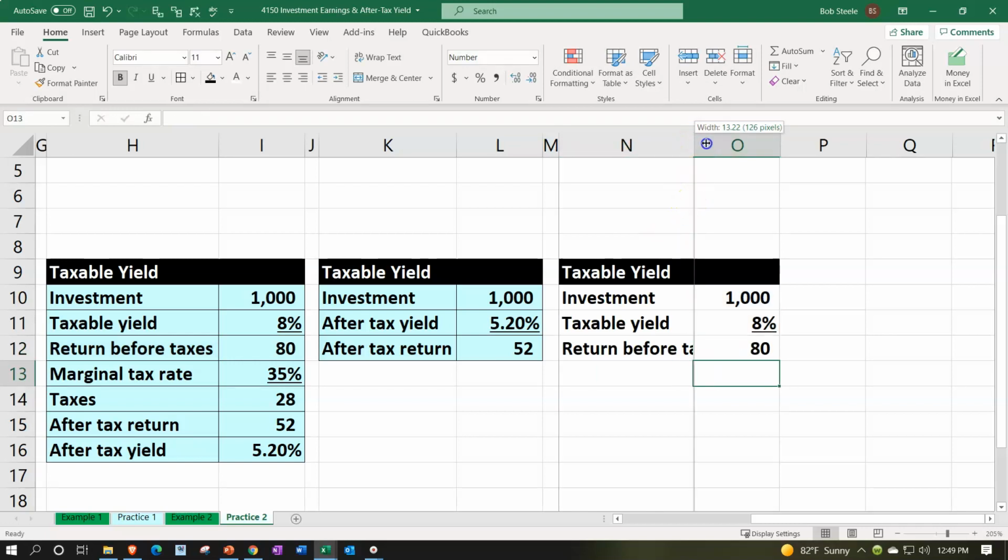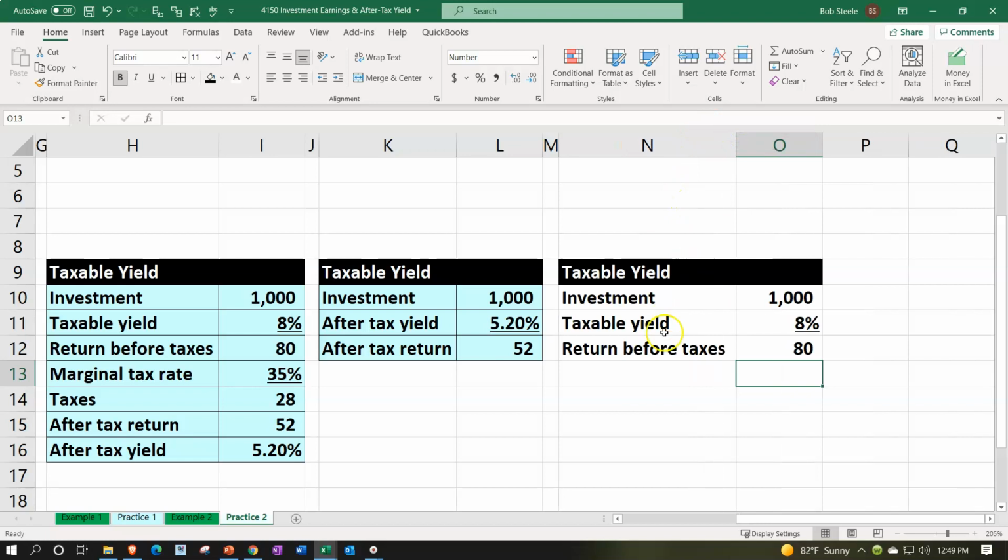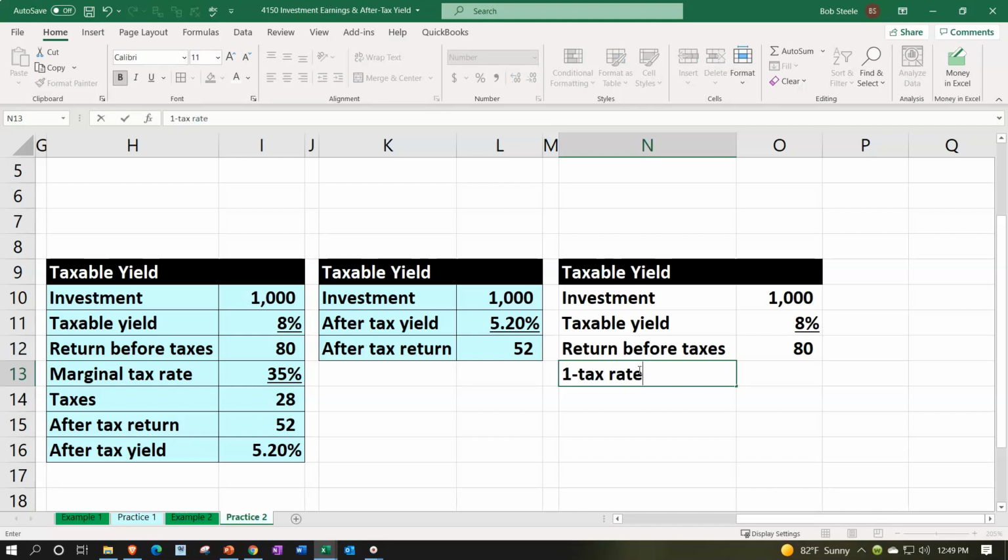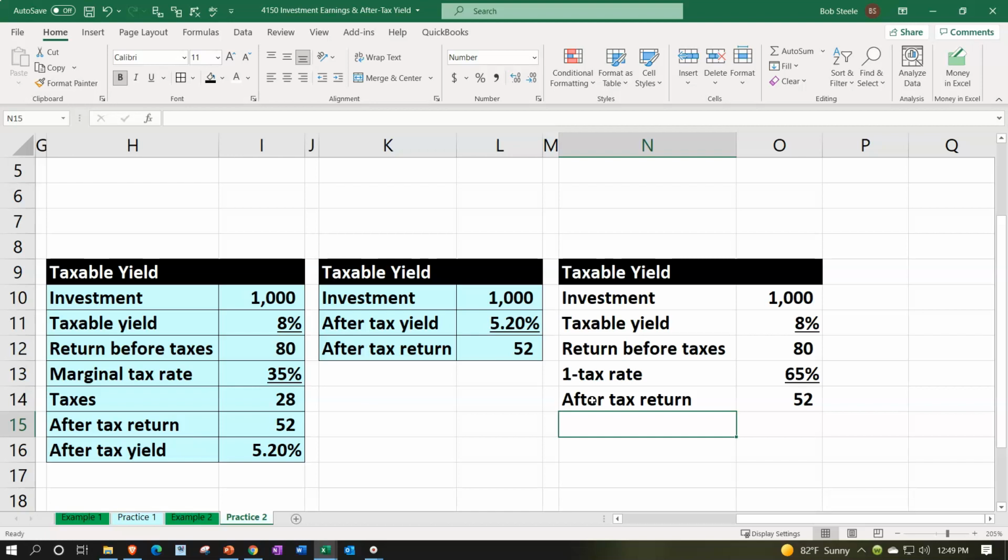And then you might pick this spot to kind of simplify your process and call this 1 minus the tax rate to get directly there, and that would be equal to 1 minus the 35% tax rate, making that a percent number group percentifying, getting us to the 65% font group underline, and that would then get us to, say, the 80 times the 65, 52, and that would be our after-tax return after taxes.